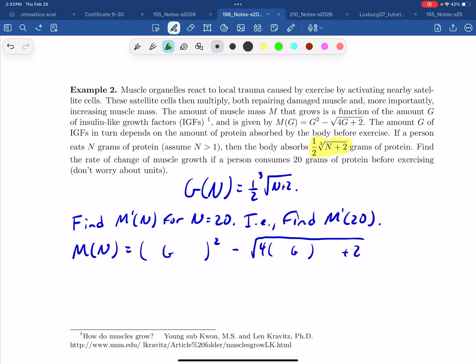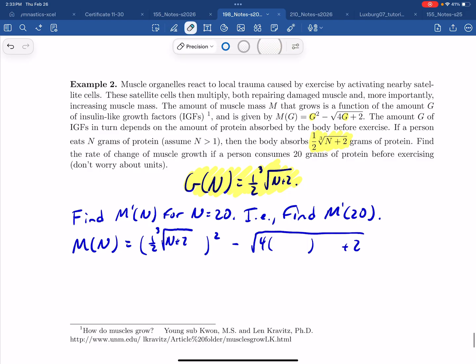But then what we're saying is, well, I guess I'll use yellow again here. G equals this guy. So every time we see a G, we're going to plug in that yellow bit. So this is going to be 1/2 times the cube root of n plus 2, and we're squaring that.